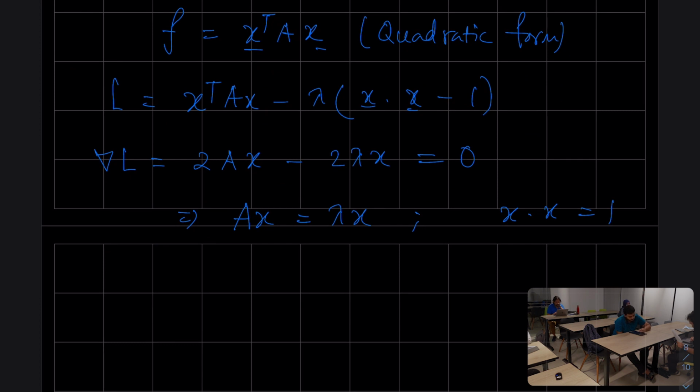So your eigenvectors are extrema. So one example to connect to the eigenvalue equation. Does it make sense? Okay.